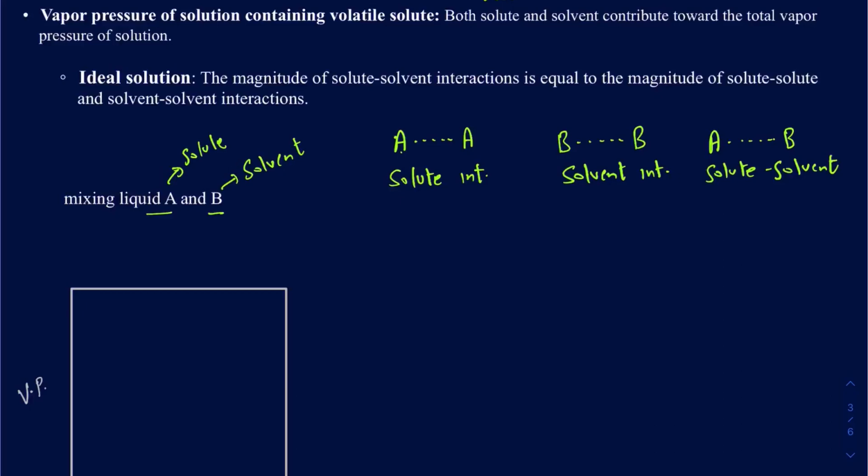If you make an ideal solution, just like an ideal gas, it may not exist in real life, but you assume that the magnitude of the solute-solvent interactions is equal to the magnitude of the solute-solute and solvent-solvent interactions. Another way of saying it, the AA, BB, and AB interactions are all roughly equal to one another.